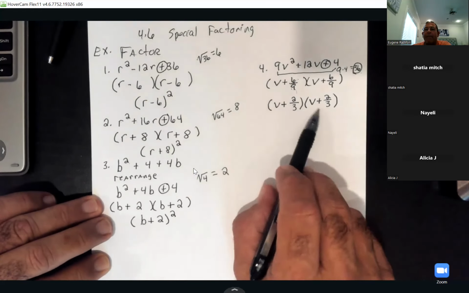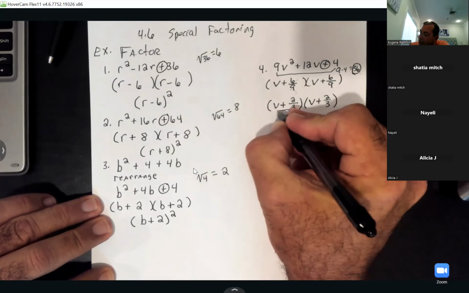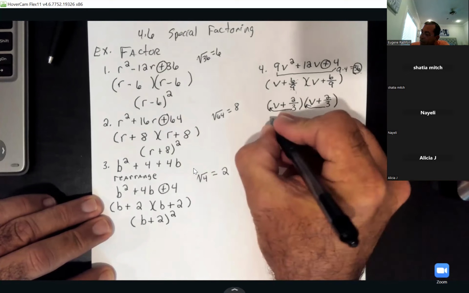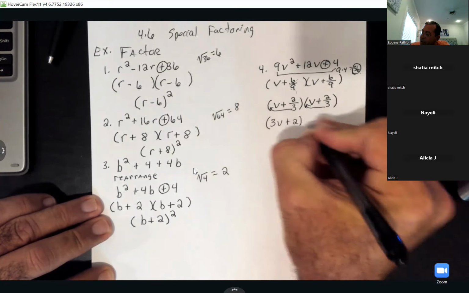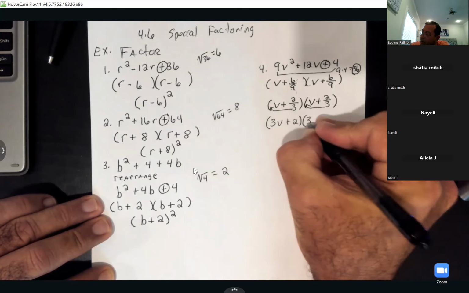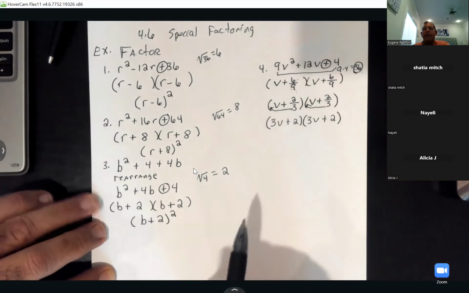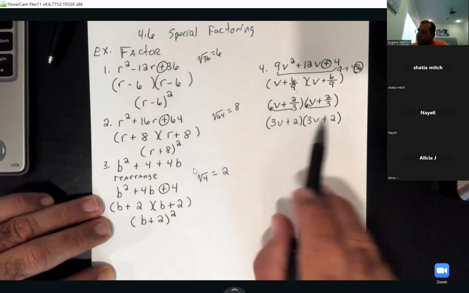Now remember, anytime I had a fraction, I had to move the bottom number in front of the variable. So that this gives me a 3v plus 2 times a 3v plus 2. So y'all, let me show you the trick on this.